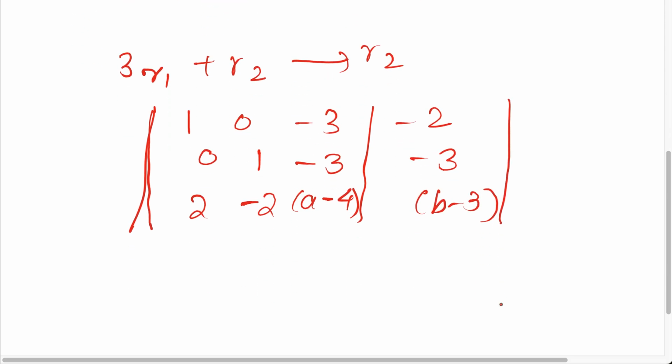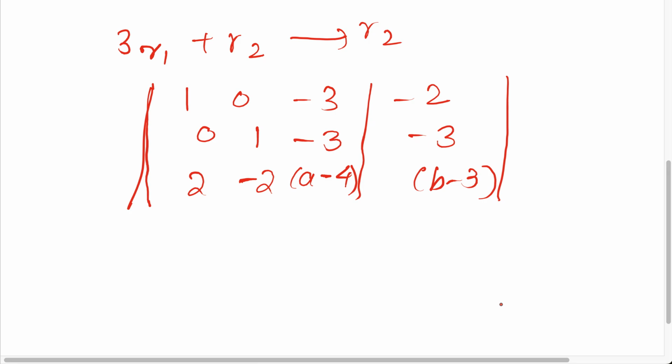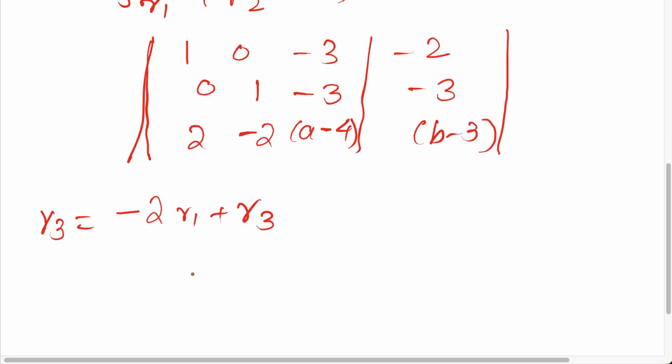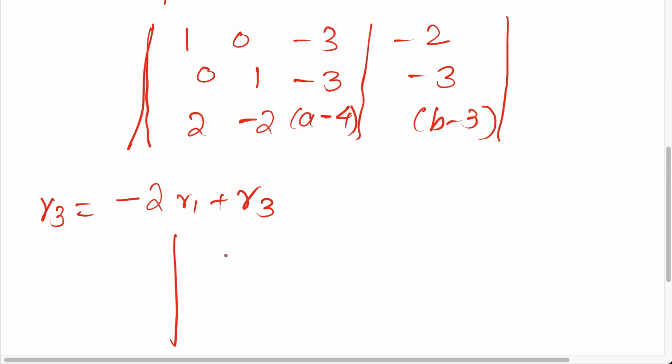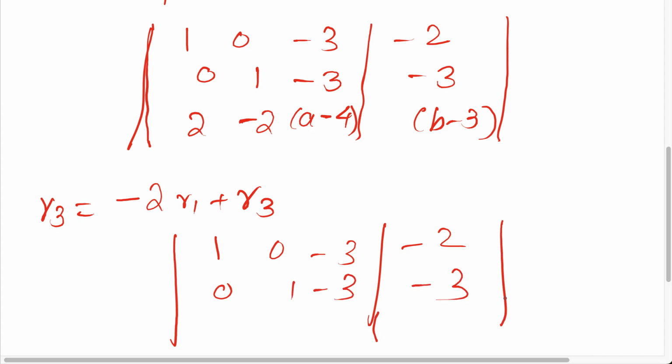We will now go to another row reduction, where R3 changes to minus 2R1 plus R3. This time R1 remains the same, R2 remains the same, and R3 changes.